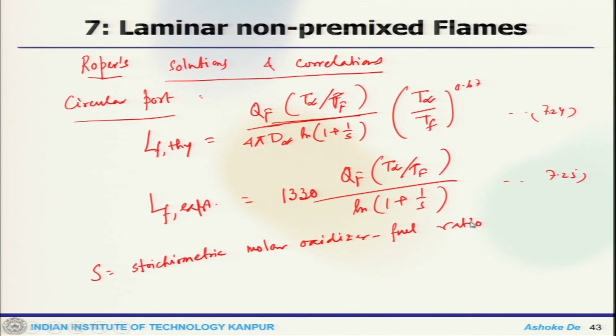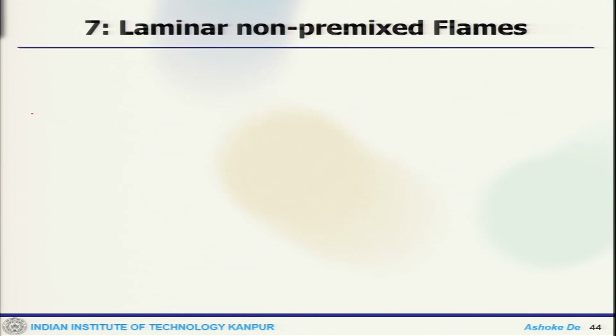And then we have D infinity, which is obviously the mean diffusion coefficient of oxidizer at T infinity. Tf and Tf are fuel stream and mean flame temperature. So, this is fuel temperature, this is flame temperature. So, this is the correlation provided by these people.